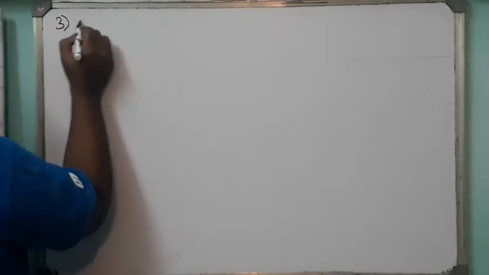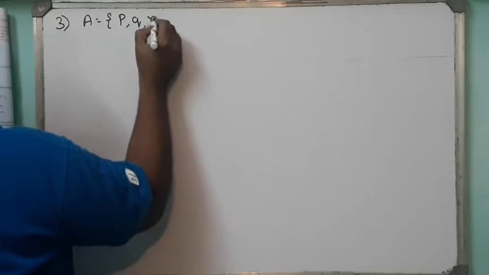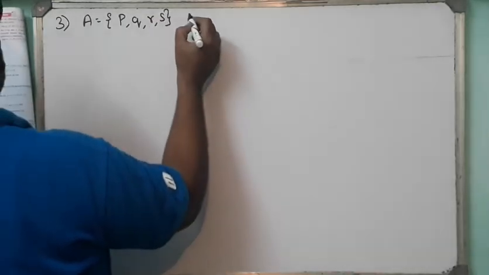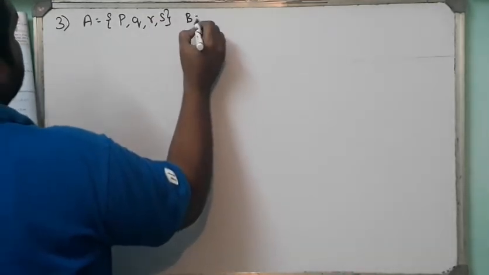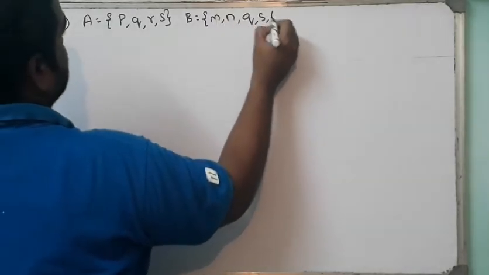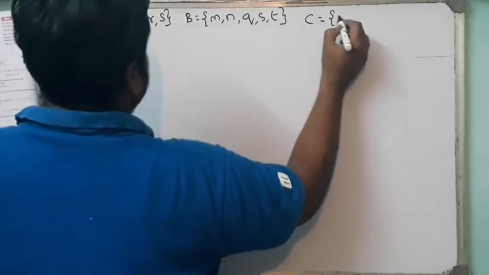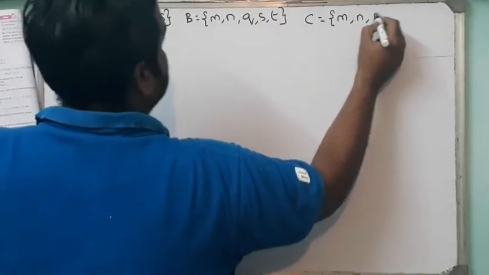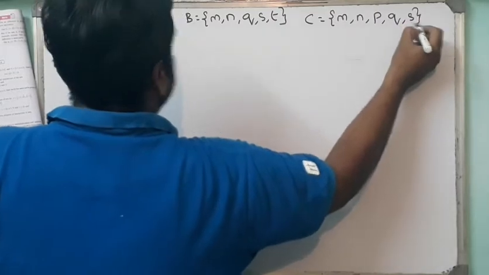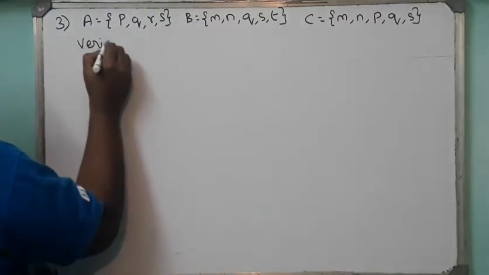If set A equal to {P, Q, R, S} and B equal to {M, N, Q, S, T} and C equal to {M, N, P, Q, S}, then verify the associative property of union of sets.